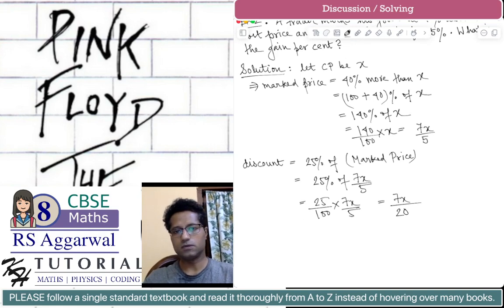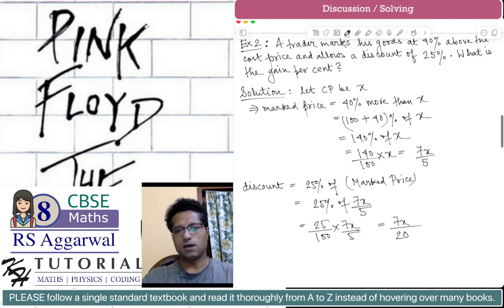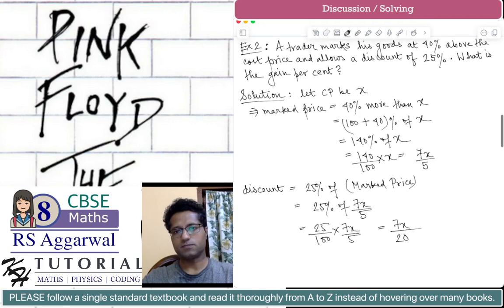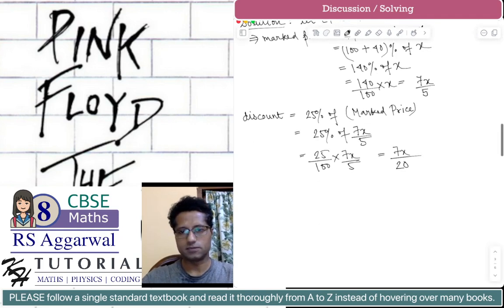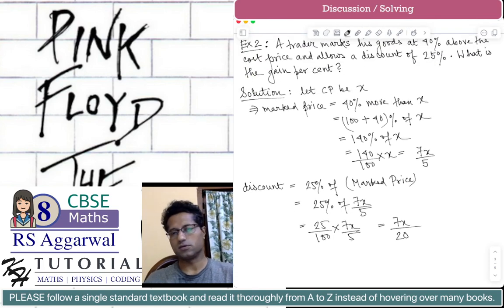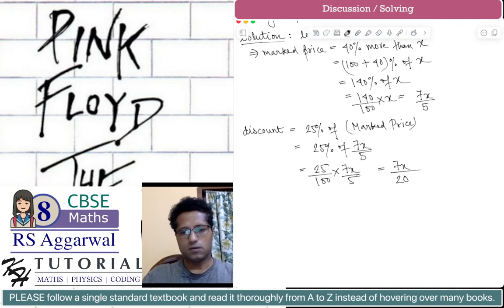Now there is a discount and there is a mark price, so we have to find the selling price. To find the gain or loss for a trader, shopkeeper or dealer, you have to know the final selling price and the cost price. So selling price is equal to marked price minus discount.